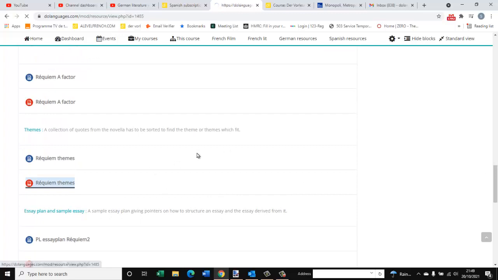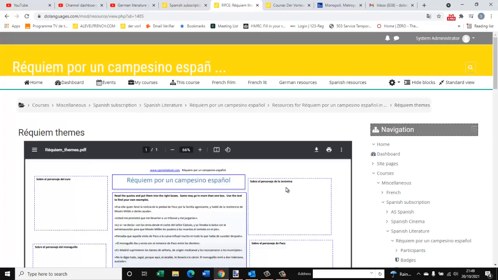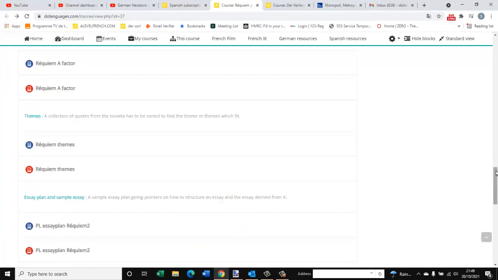We then have themes, so the writer has put thematic titles around the sides, and the students have to match up the quotations.